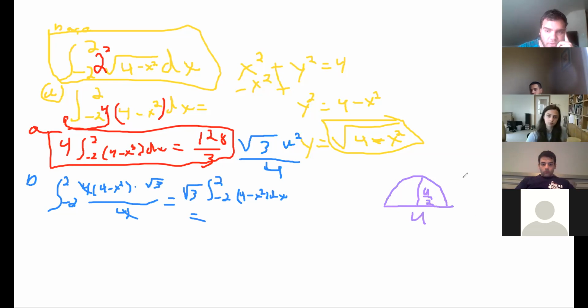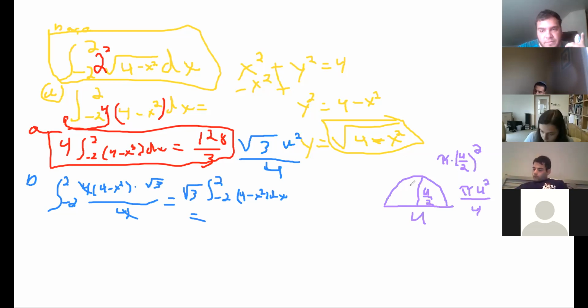And for the area of a circle, it's pi r squared. So that's going to be pi times u over 2 squared, which I could just rewrite as pi over 4 u squared. But it's a semicircle, right? So it's not going to be the whole circle. This is for the whole circle, so I have to multiply it by a half.